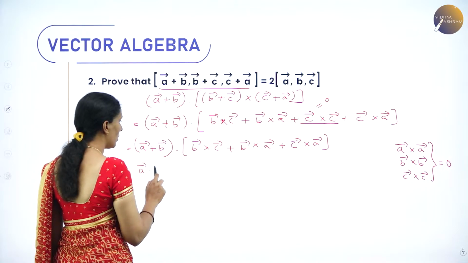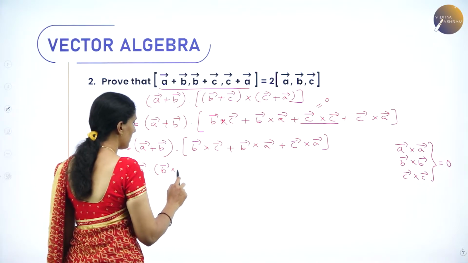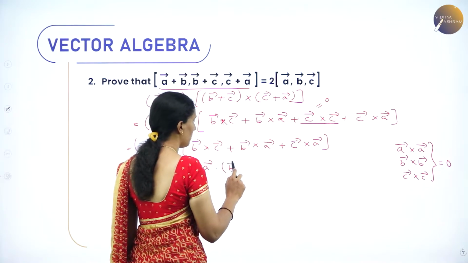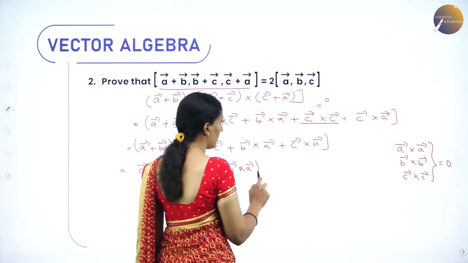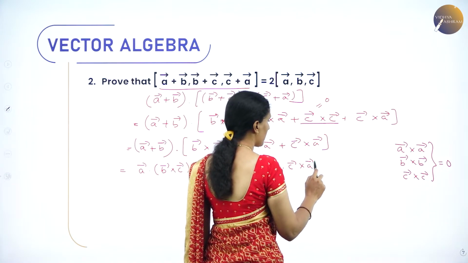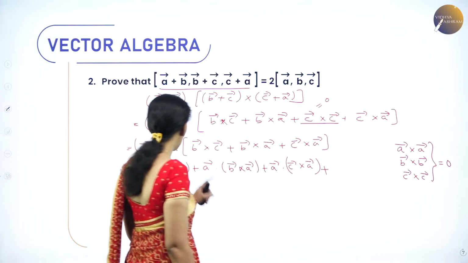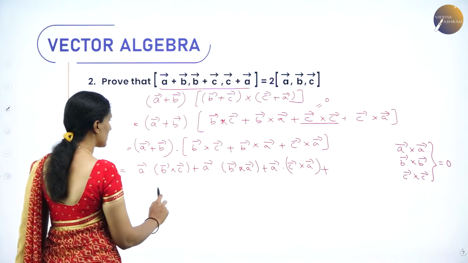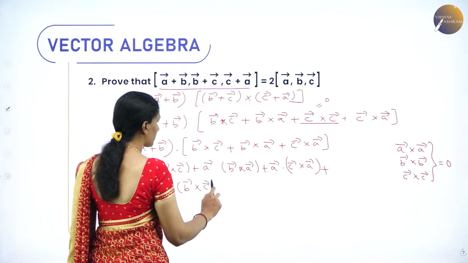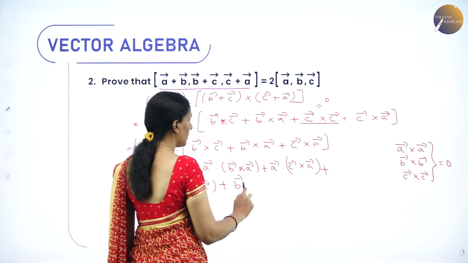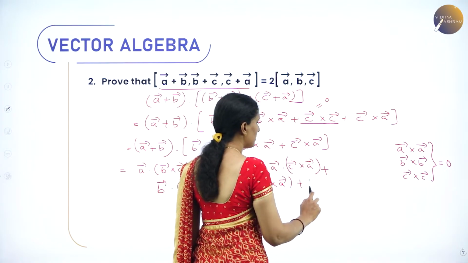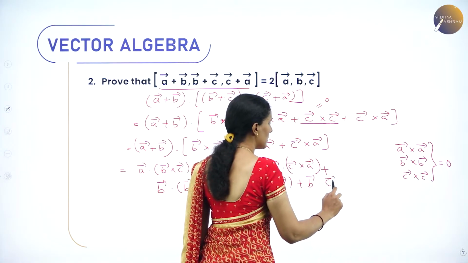So A dot B cross C plus A dot B cross A plus A dot C cross A, plus next we will multiply B here. So then it is B dot B cross C plus B dot B cross A plus B dot C cross A.